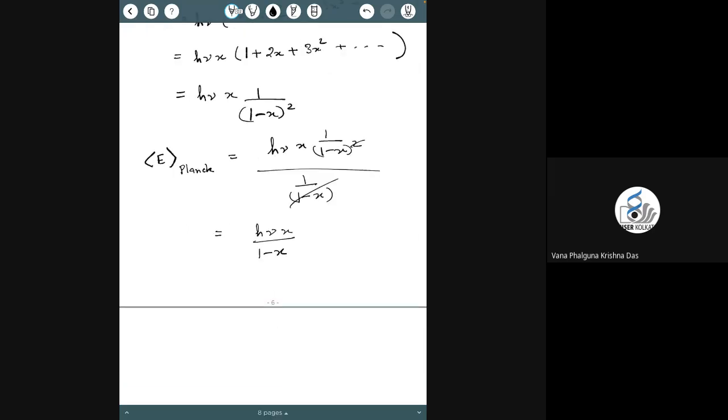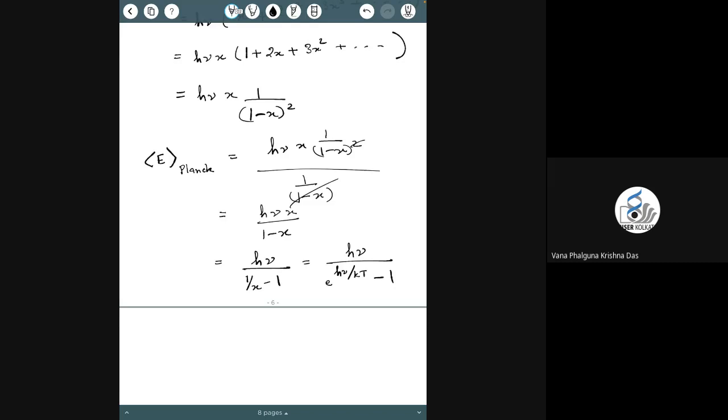And if you remember, try and put this on the same page, then this is h nu by 1 by x minus 1. This is equal to h nu by e to the power h nu by kT minus 1.